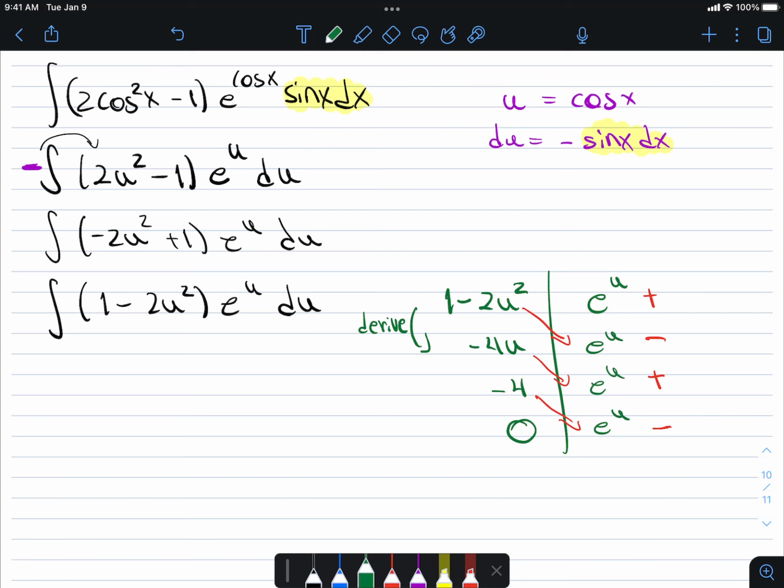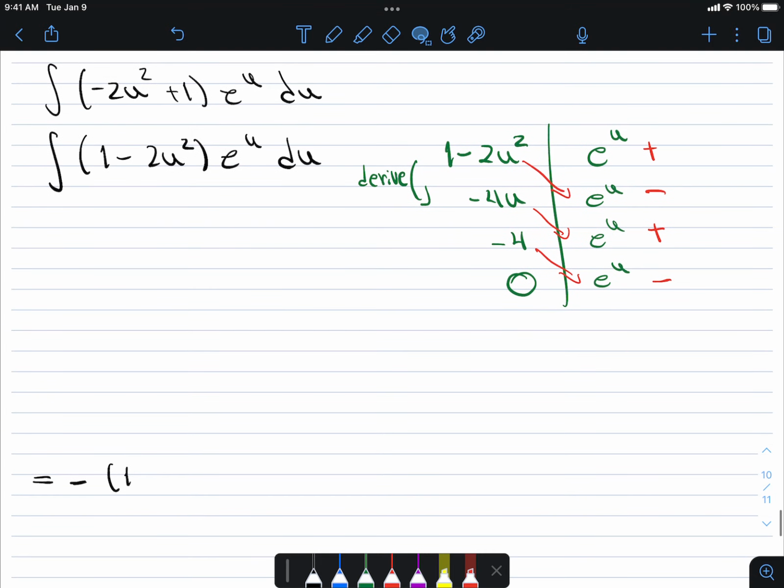So the answer then will be this product here with a minus sign. So minus 1, and maybe I'll put it below here just so it all fits. Minus 2u squared e to the u.